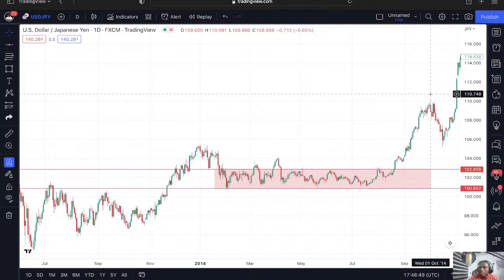It's important that you trade before the news, or you trade currencies that don't have major news on them. That's my own personal opinion. You can always discover for yourself which one sits well with you and which one you are comfortable with.